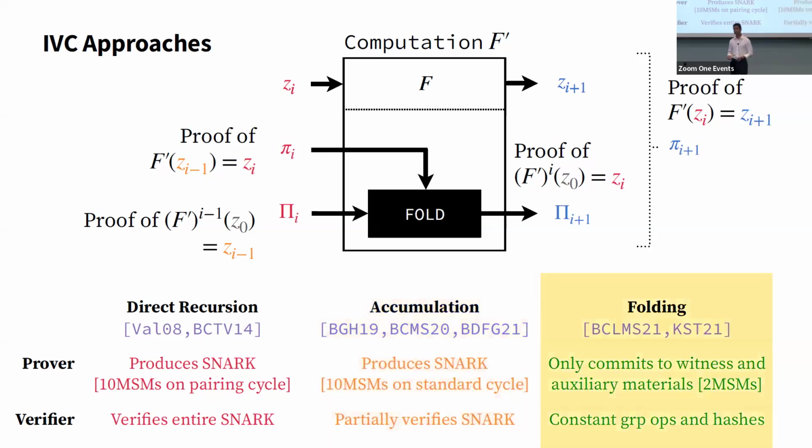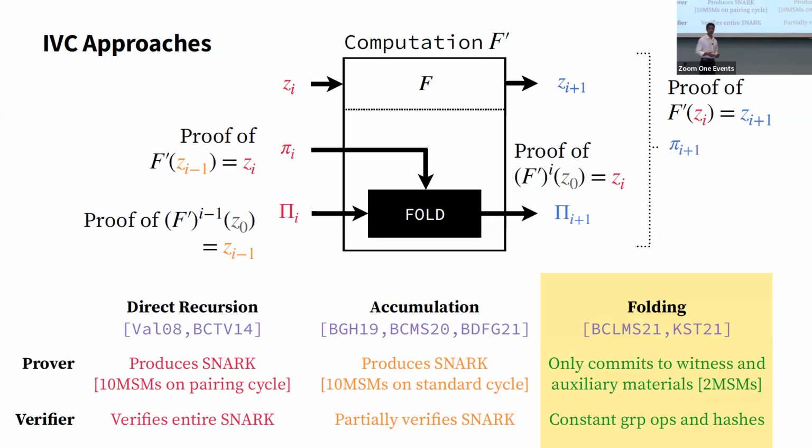So this led to the modern approach of folding, where we realized that you don't even need to partially verify a proof. Instead, you can design a new procedure known as fold, which can compress two of these proofs entirely.